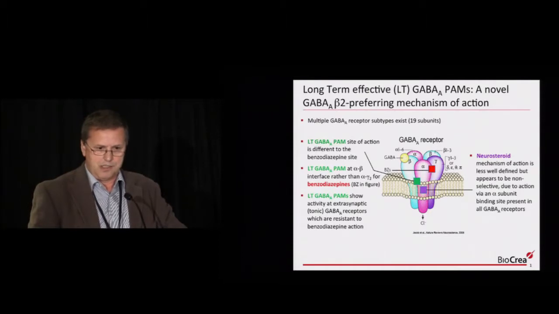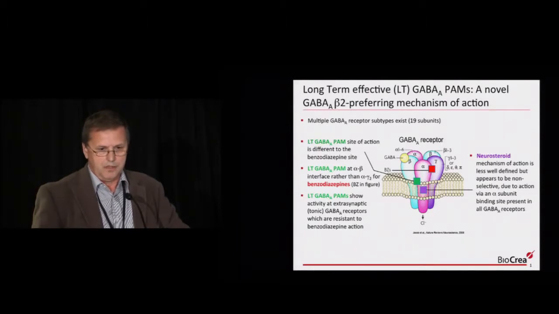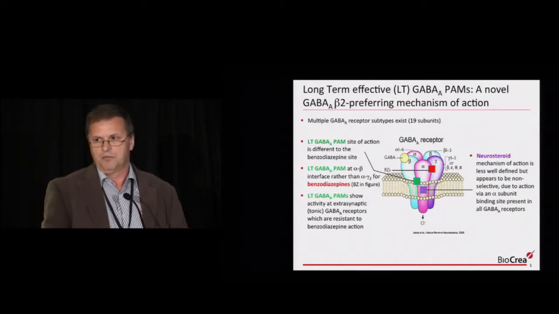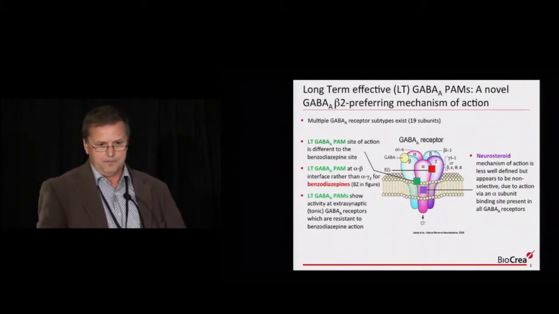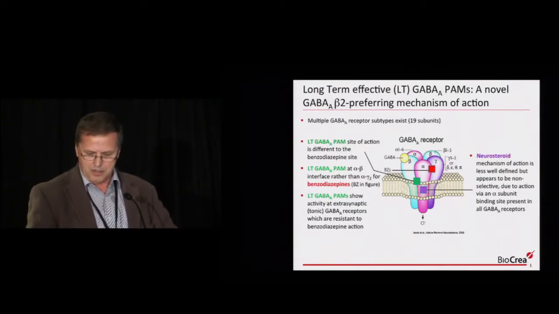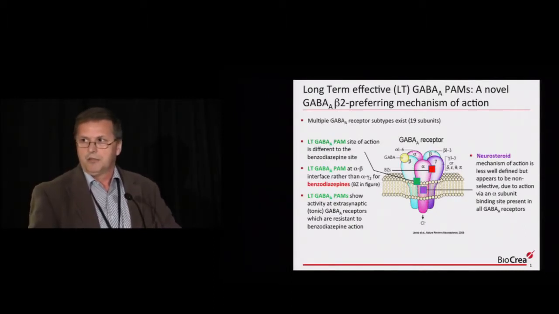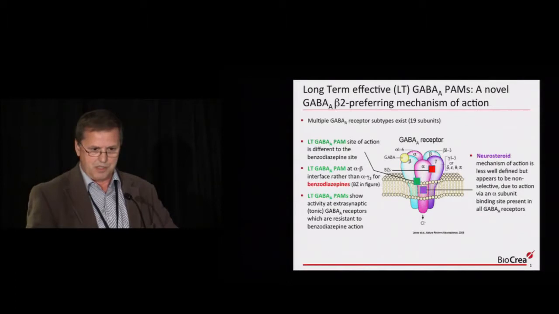Our drugs are sitting at the alpha-beta interface, which allows a totally different subtype selectivity, as it's not required to have a gamma subunit. This should even allow stimulation of extrasynaptic GABA-A receptors, which is the case. So this allows additional therapeutic value, hopefully for instance for status epilepticus treatment, but also for other treatment-resistant areas in epilepsy.